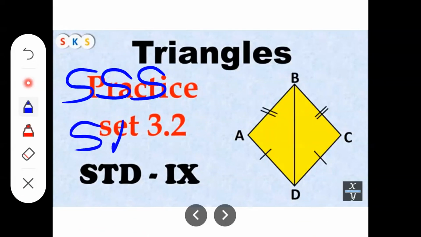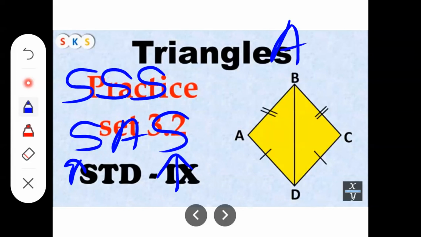Now the second one is the SAS test, meaning two sides and their included angle of the first triangle are congruent with the corresponding sides and included angle of the second triangle. Then the two triangles are congruent to each other by the SAS test. Likewise, the AAA test means two angles of the first triangle are congruent with the corresponding two angles of the second triangle.